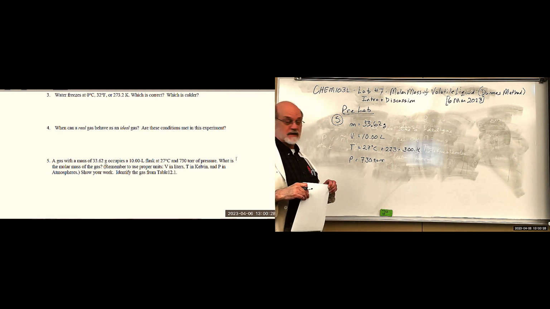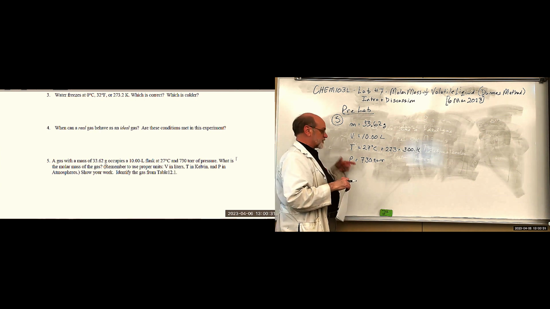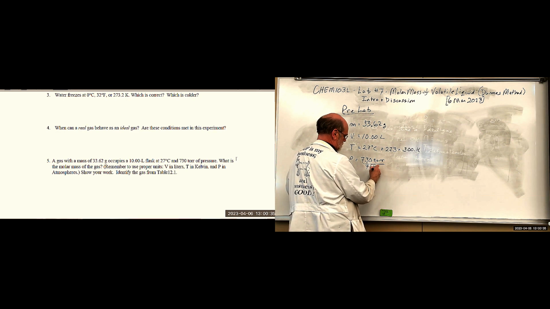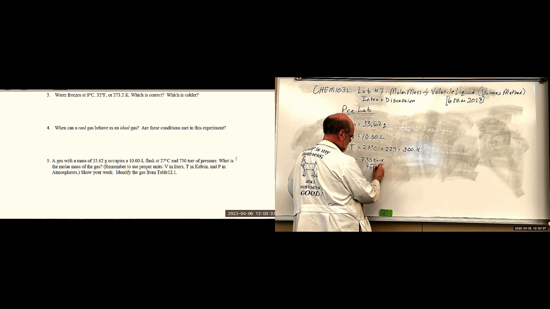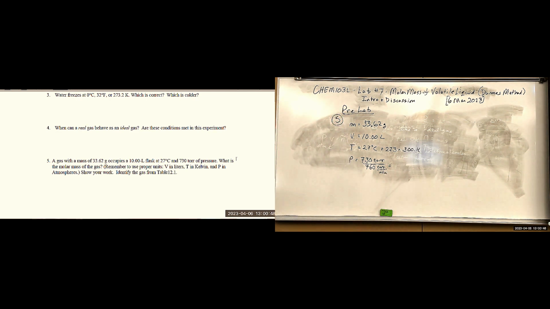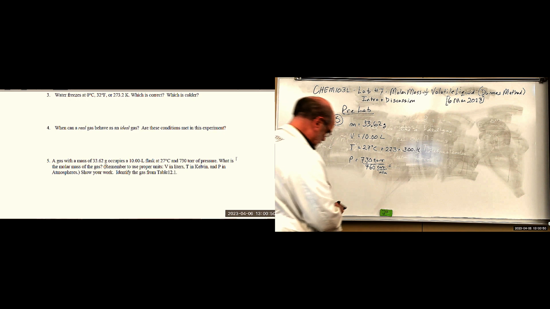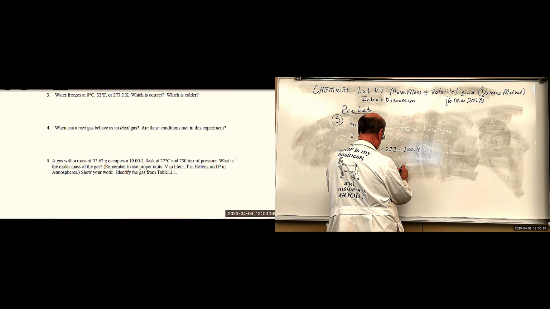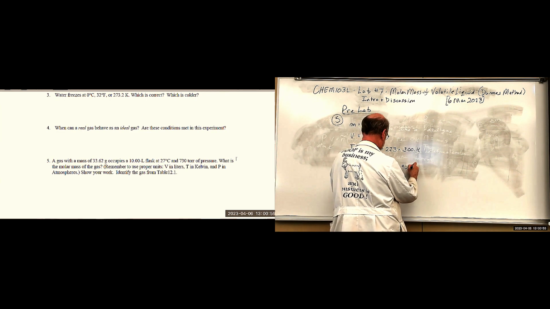So our units need to be atmospheres. Torr per atmosphere. Okay, so let me go ahead and crunch the numbers there. 730 over 760 is 0.9605 atmospheres.